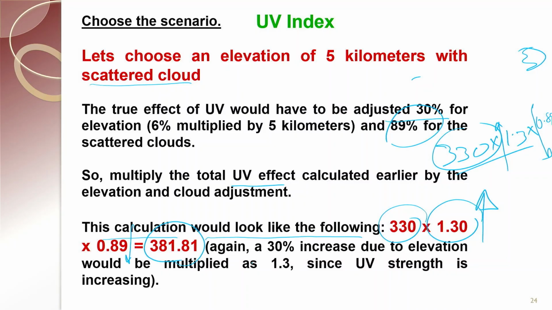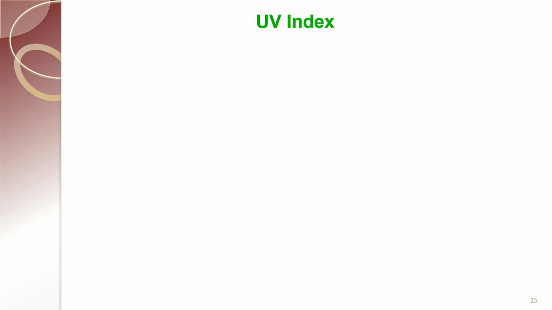So, again, the 30% increase due to the elevation is multiplied as 1.3, since the UV strength is stronger at the height elevation of 5 kilometers.